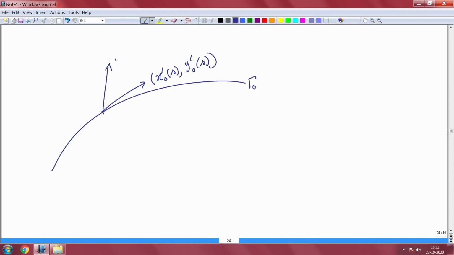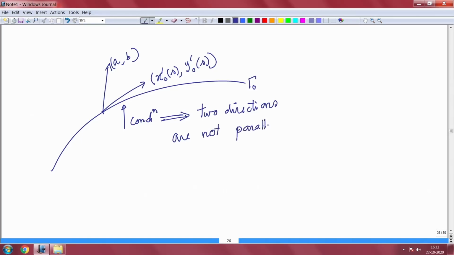This A, B will give you a direction here, given by A of x naught of s, y naught of s, z naught of s. The transversality condition implies these two directions are not parallel, that is, they are independent.